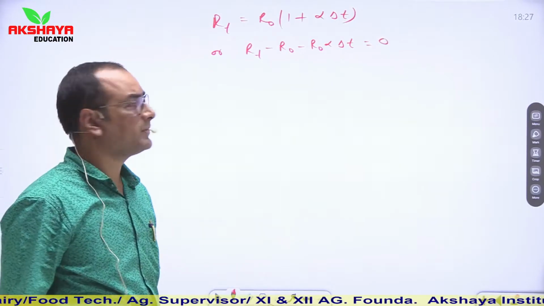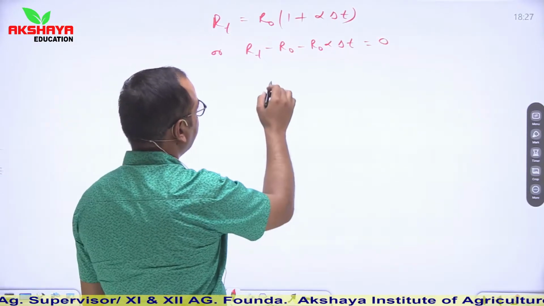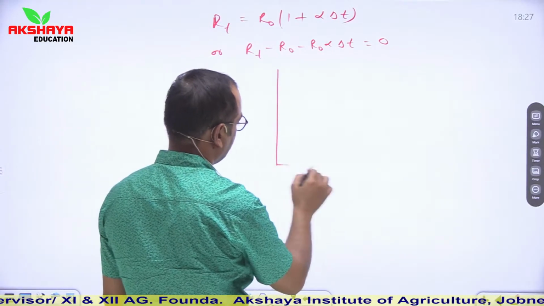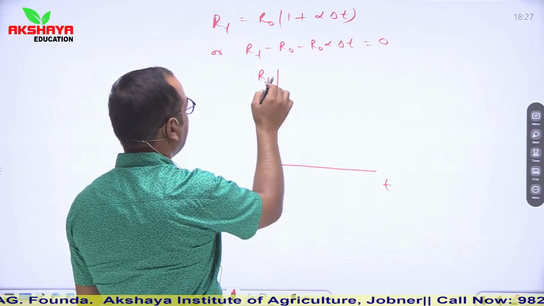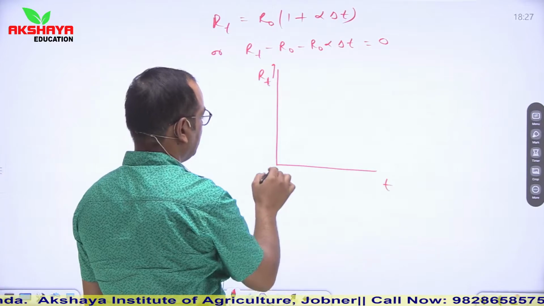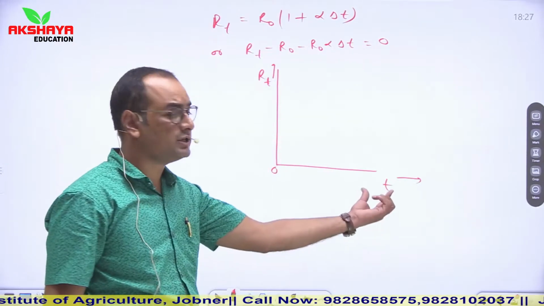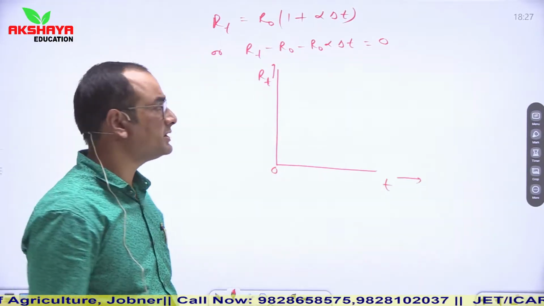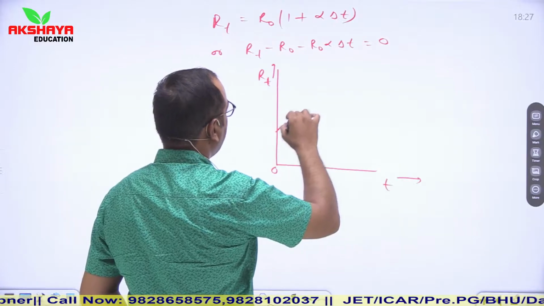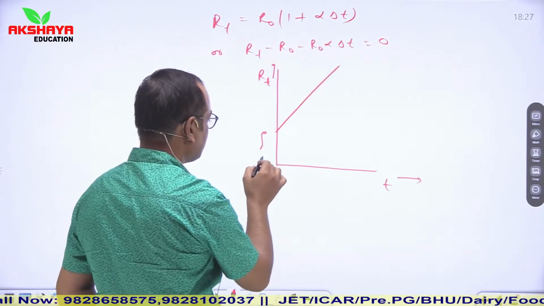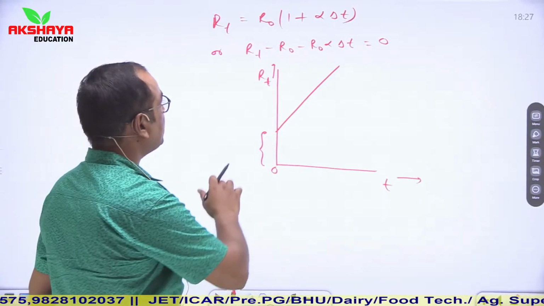So from here, if we plot a graph between RT and T, where this is zero temperature and small t is the temperature, this graph will be a straight line, like this. This is the intercept on y-axis.